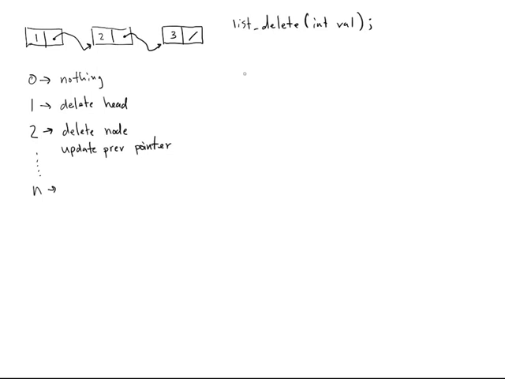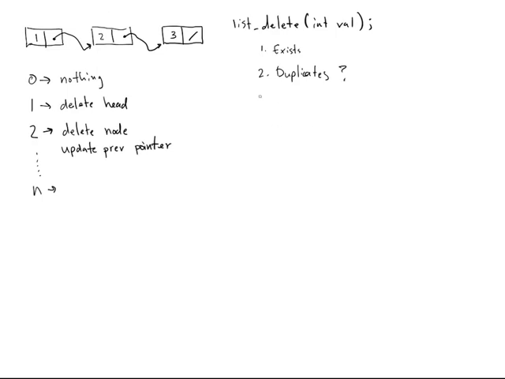Okay, so that means there's a couple things we need to care about. One, we need to determine if this value is actually in the list, or if it's not. There's also, so I should write this down, duplicates. What are we going to do about duplicates?